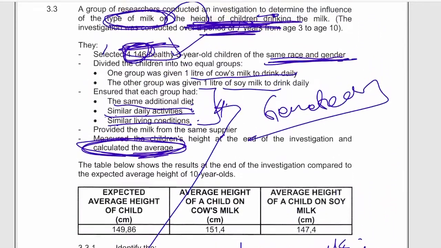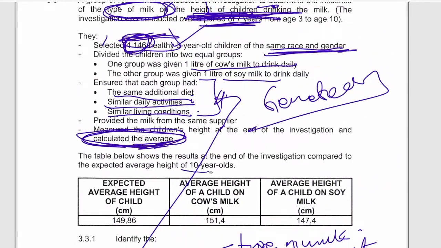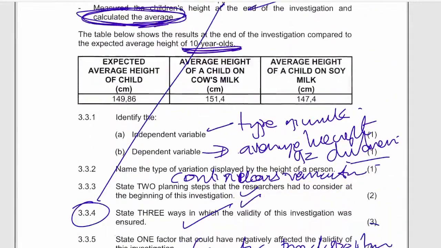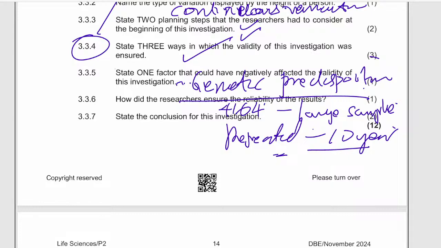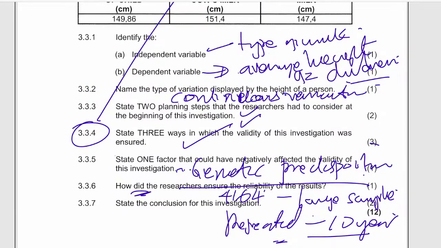Then number two, the researcher repeated the experiment over a period of 10 years. You see that you answer it in past tense, because of how the questions are asked: give three ways in which the validity of this experiment was ensured.